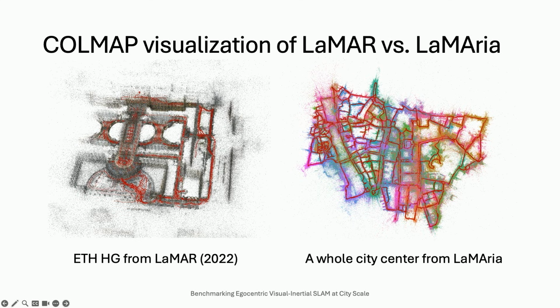On the left, it shows a building of ETH from the earlier dataset, while on the right, it shows a whole city center available from the 70 hours of recordings of egocentric data. This shows a significant improvement in terms of scale of the dataset, and I think this also proves that this dataset is quite a new iteration on top of the previous one.